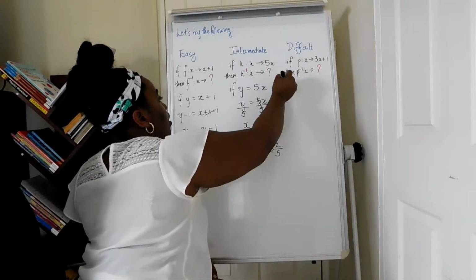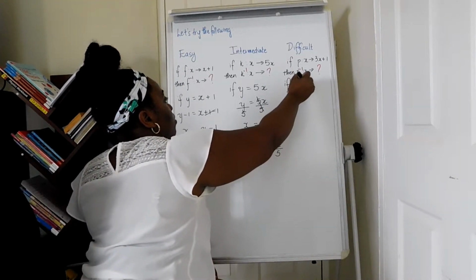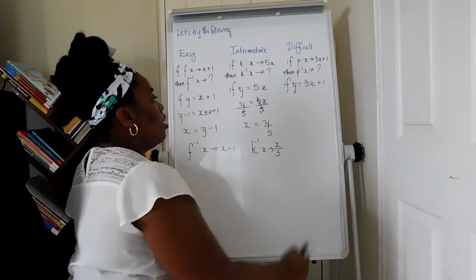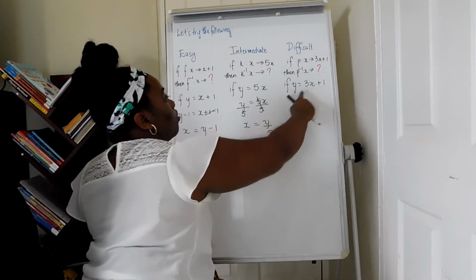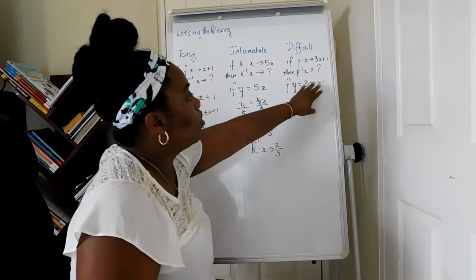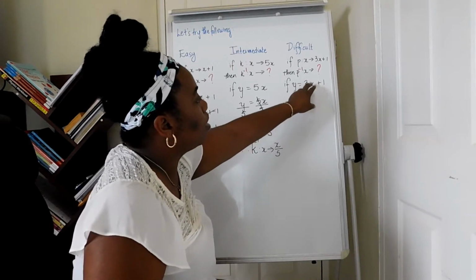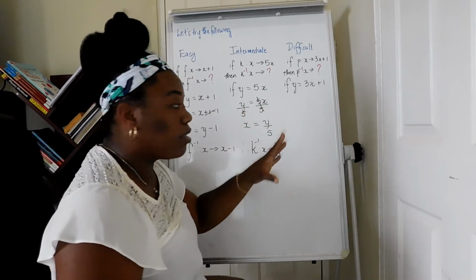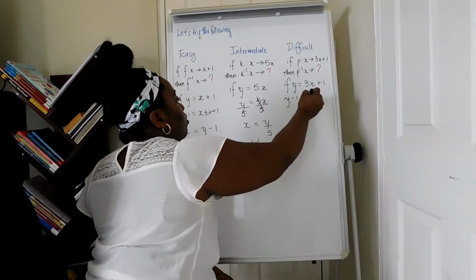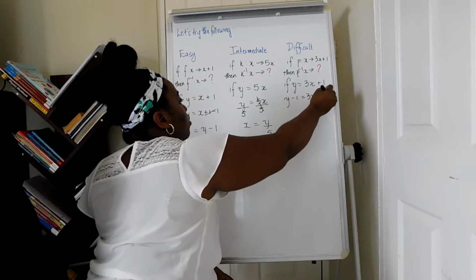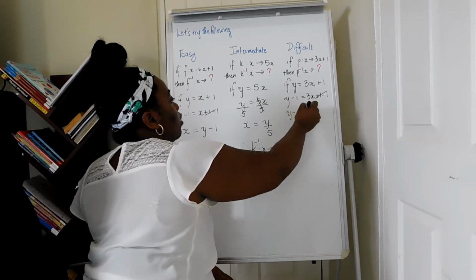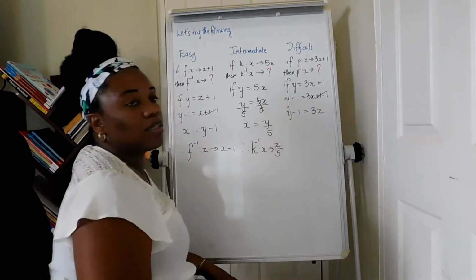We're going to say if y is equal to 3x plus 1, we want to get rid of the 1, because the 3 and the x are attached, so we're not going to touch that for now. So we say y minus 1 is equal to 3x plus 1 minus 1. That cancels out, so we're left with y minus 1 equal to 3x.